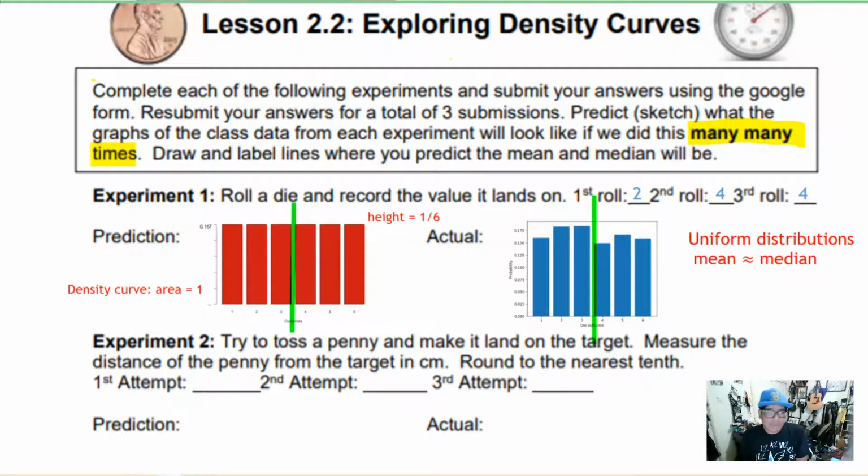Because it's related to area, we say that the area underneath the density curve should be equal to 1. I'm also dissatisfied with these density curves because in histograms we shouldn't see any white space between the bars. I'll try to fill that in later, but you should know while watching the video that there should not be any white space between the bars. It should be like an actual histogram.